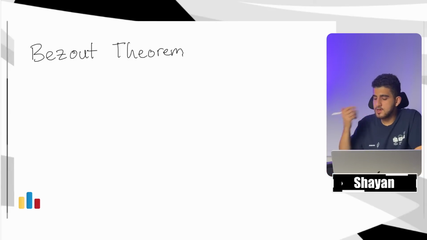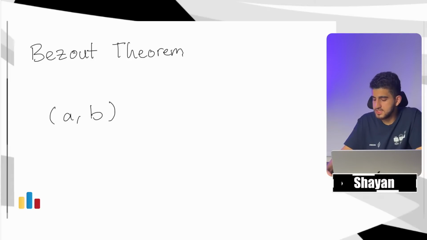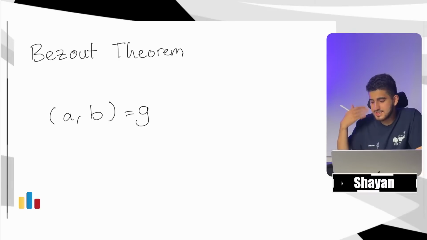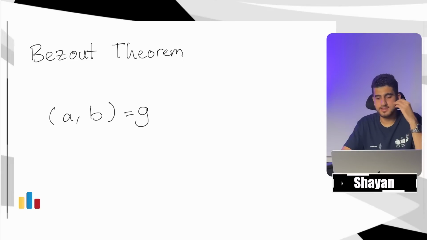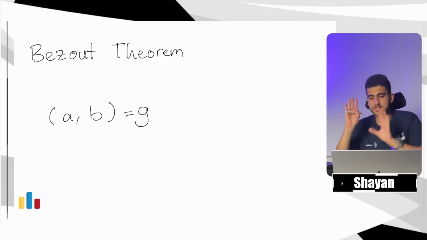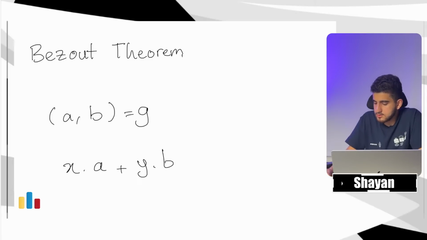If you have two numbers a and b, and their GCD is equal to g, there exist two integers x and y such that x times a plus y times b is equal to g.